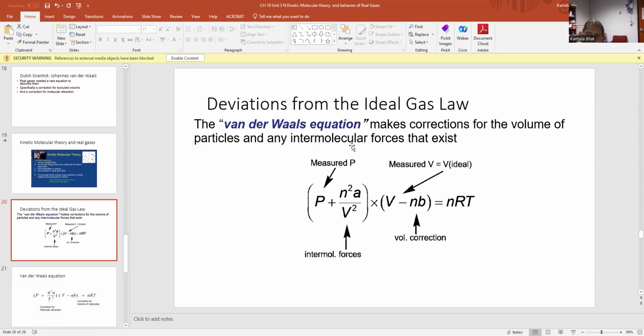However, deviations from ideal gas behavior require corrections for the volume of particles and the intermolecular forces that exist. A is a correction factor for intermolecular forces, B is the correction for the volume, N is the number of particles, and V is the volume of the container.